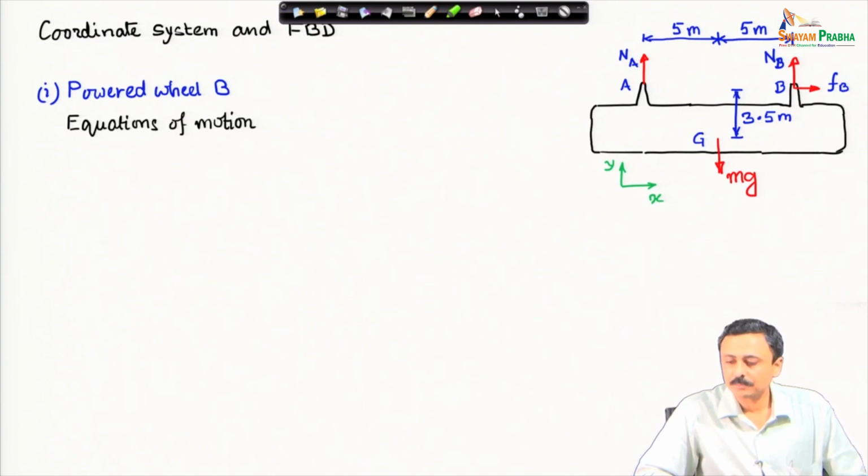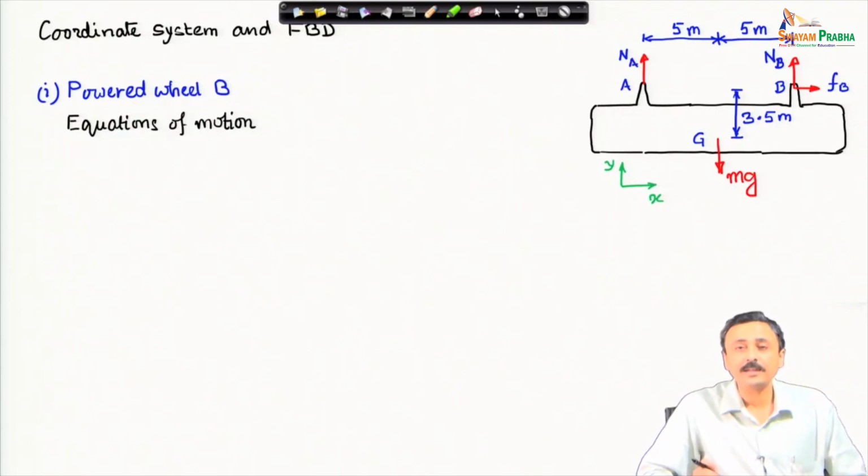First, we look at the coordinate system. We have the xy coordinate system and the free body diagram is shown here. First, I will start by considering that wheel B is powered. Therefore, in the free body diagram you can see that I have given a horizontal force F B at the joint of wheel B, whereas wheel A is a passive roller, it only has the normal component.